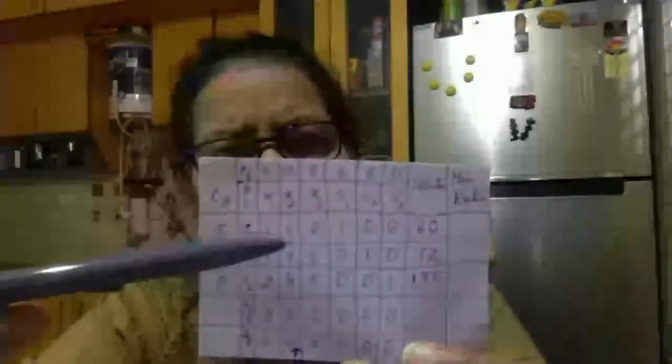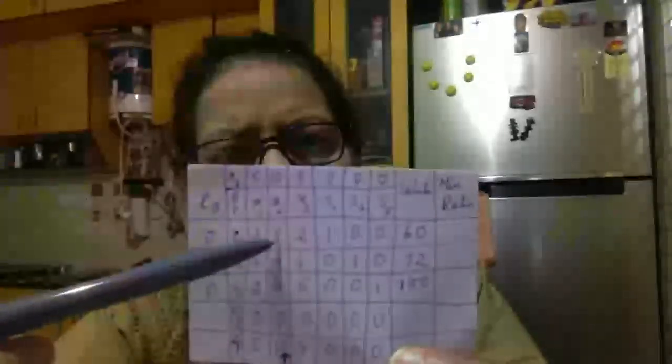I repeat, X2 will become the key column, and you have to divide the solution by the element in the key column. So 60 by 5, in the minimum ratio you will get 12. And 72 by 4 you will get 18, and 100 by 4 we will get 25.